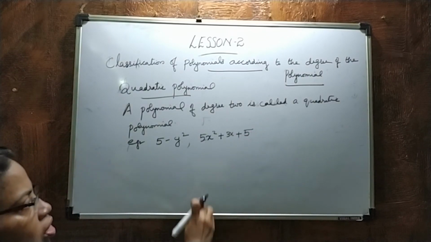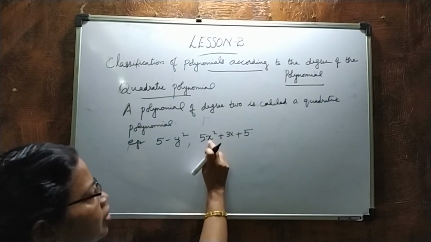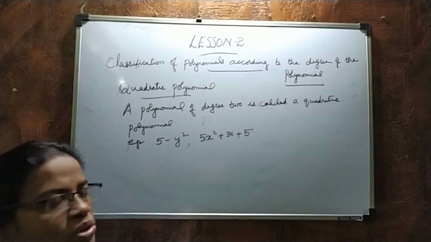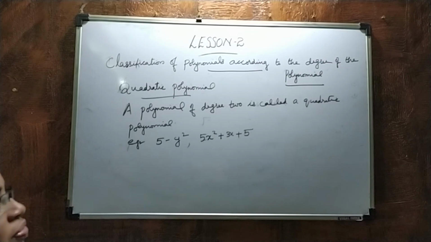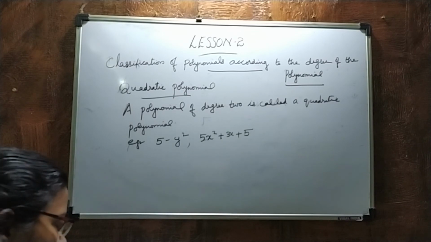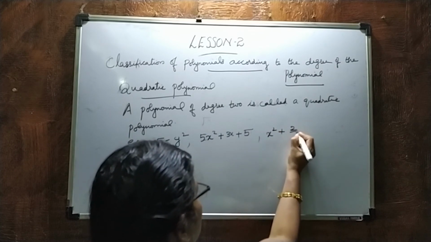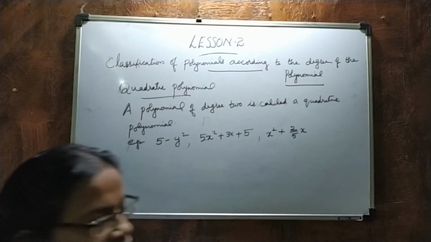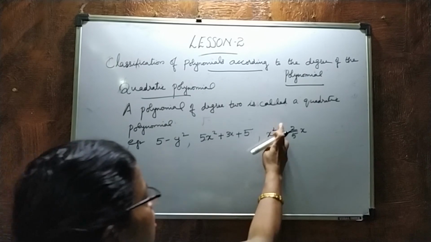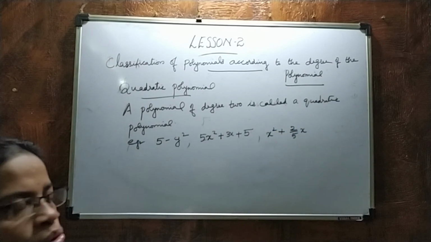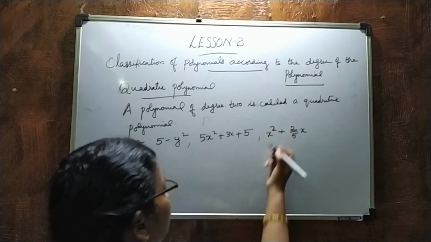Here also just look, here 2 is the exponent of x, here 1 and here x raised to 0. So the degree is 2. So that is why it is a quadratic polynomial. The next one, x square plus 2 by 5x. Here also x square is there and here x raised to 1 is there. So highest is 2. It is a quadratic polynomial.